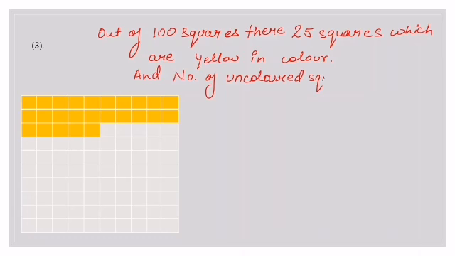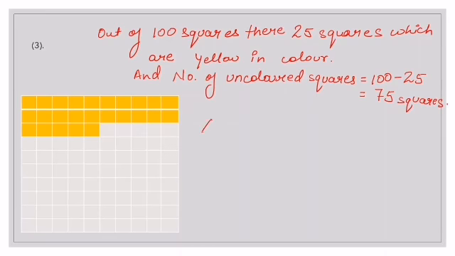Yes, total square में से हम colored squares को minus कर देंगे तो we will easily find out the uncolored squares. Okay, instead of counting we can do it like this. So by subtracting them, what will we get? We will get 75 squares which are uncolored.